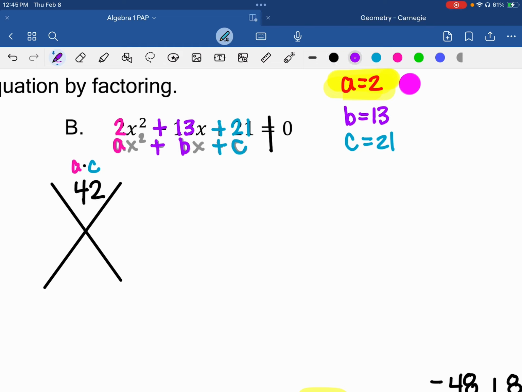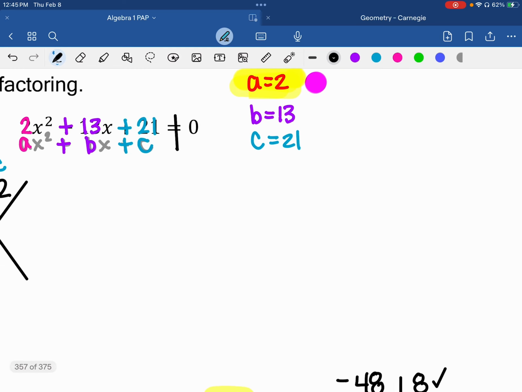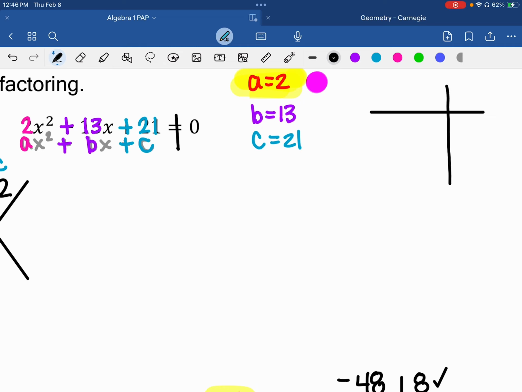So now I want the factors of 42 from my calculator, and I'm going to put the B value down below, which is 13. I'm going to use my calculator to help me once again to get my factors of 42 that add to 13.